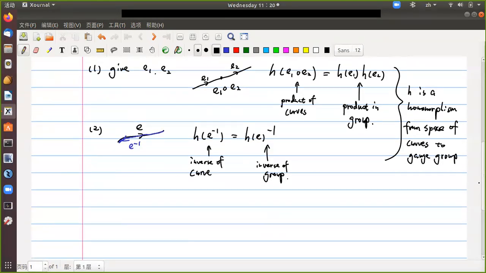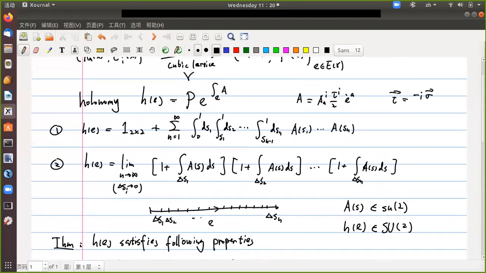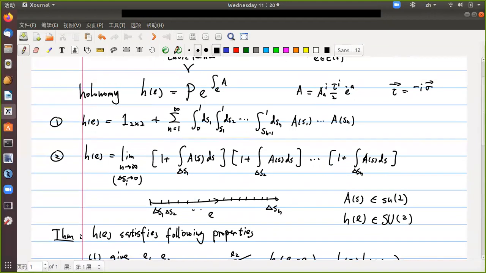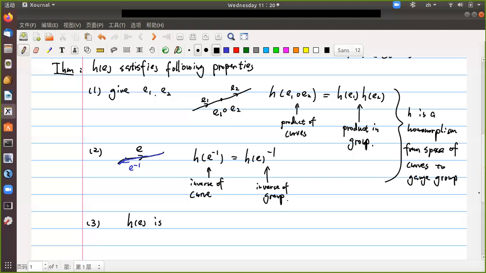Okay, so these are the first two properties, and property 3 is that holonomy is a solution. Usually people define holonomy first. Here we define holonomy by this path-ordered exponential, but in many references people define holonomy as the solution of an ordinary differential equation.